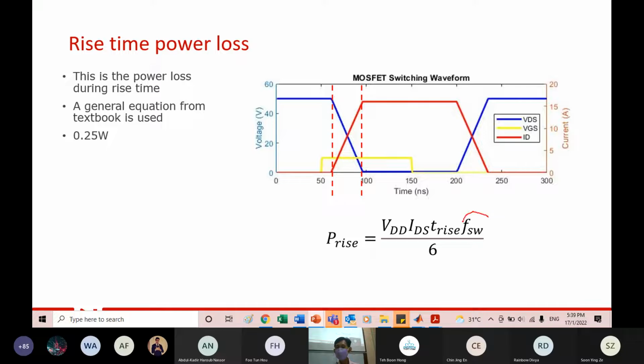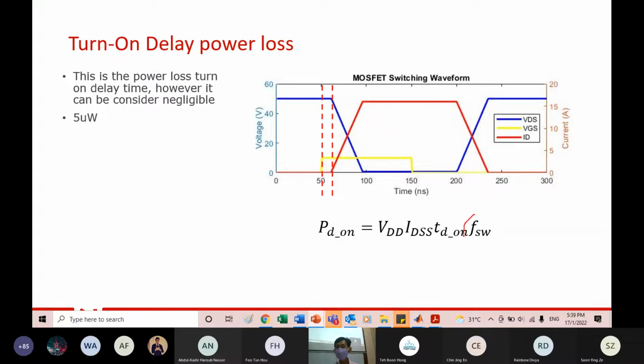All have multiply by frequency. So meaning that the higher the switching, the higher the power loss. So you don't say, wow, go maximum 1 mega. No. There is a balance point. Too low sometimes cannot work properly. Too high is a bit overkill and you cause more switching losses.